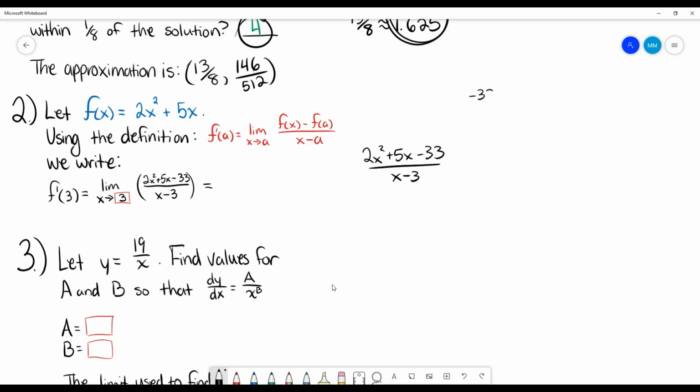So let's think about our factors of negative 33. We've got 1 and 33, we've got this, and I think that's it, actually. So, oh, that works out perfectly, actually, because I see that if we do 2 times negative 3, that'll get us a negative 6x.